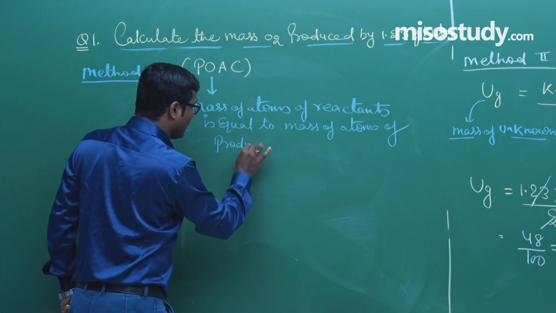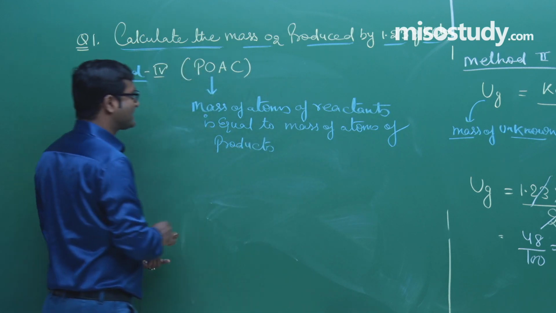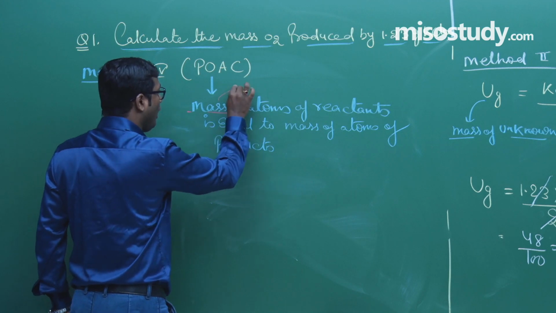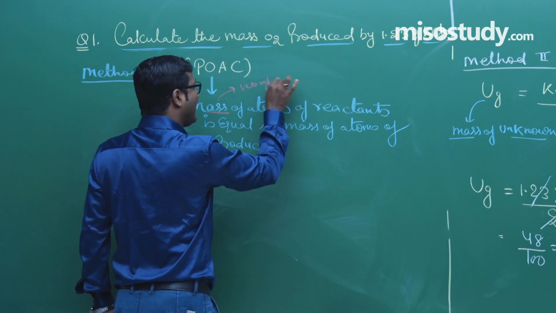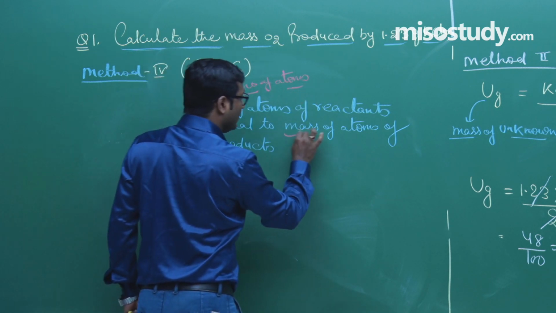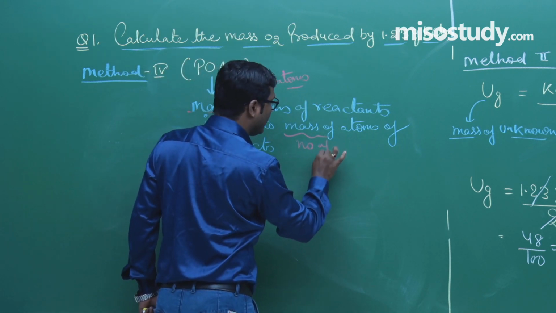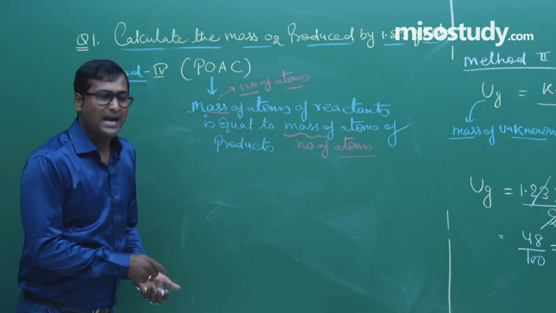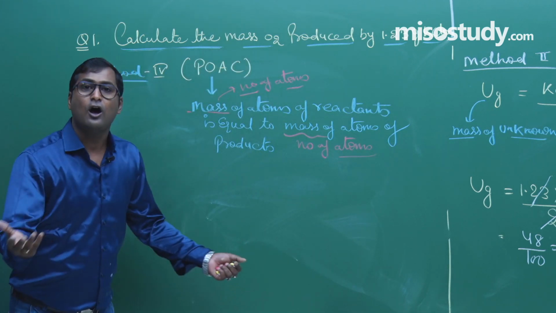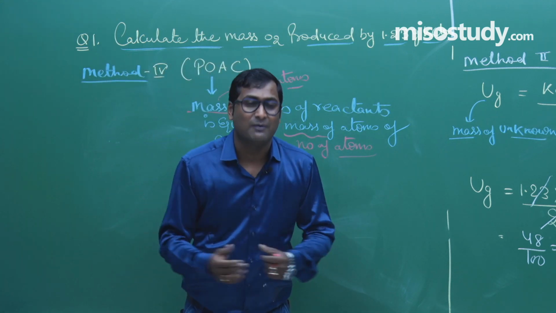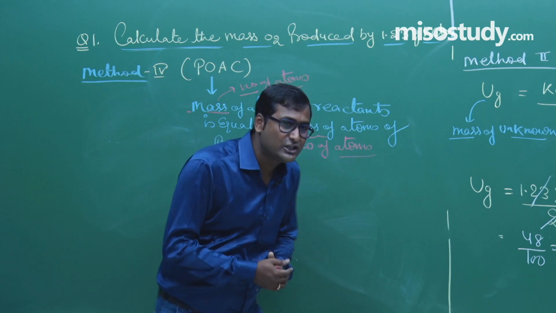I have less time, so I will try to cover the maximum topics, the most confusing topics. You can say that the number of atoms of reactant will be equal to the number of atoms of product. This is the statement, and it completely obeys the law of conservation of mass, my friend. That is, mass can neither be created nor be destroyed.